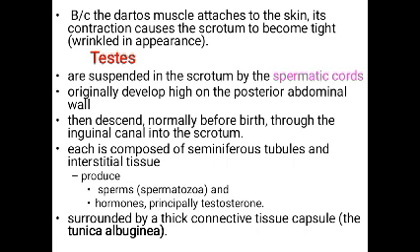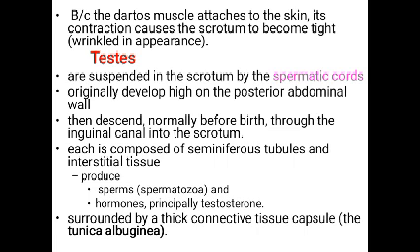Testes are suspended in the scrotum by the spermatic cords. Originally developed high on the posterior abdominal wall, they descend normally before birth through the inguinal canal into the scrotum.